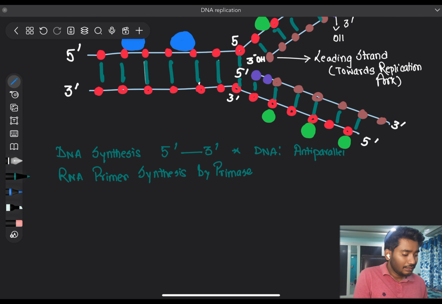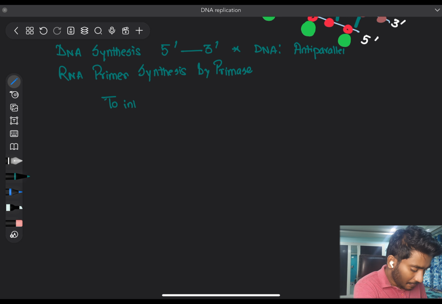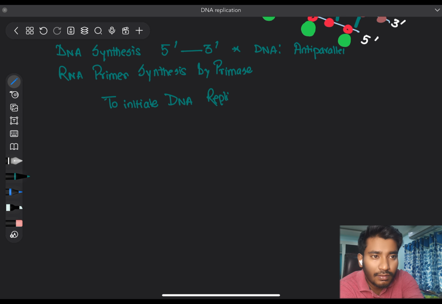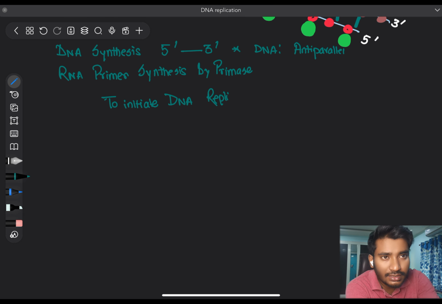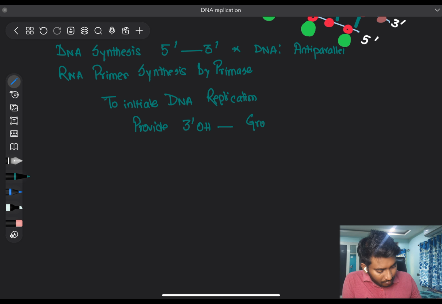To initiate the DNA replication, the 3 prime OH site provides the group for binding the first nucleotide of the DNA.